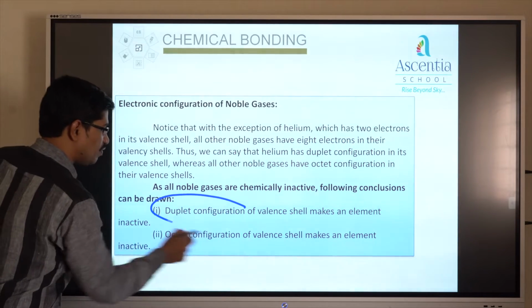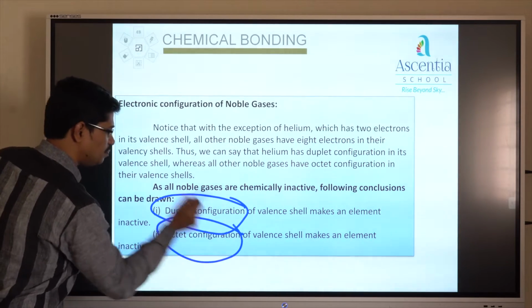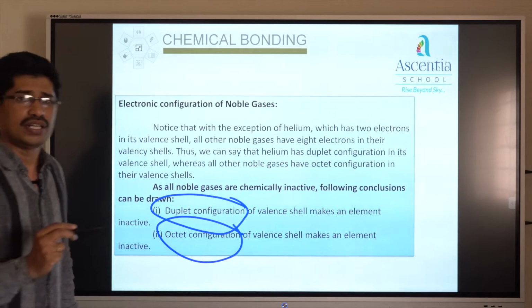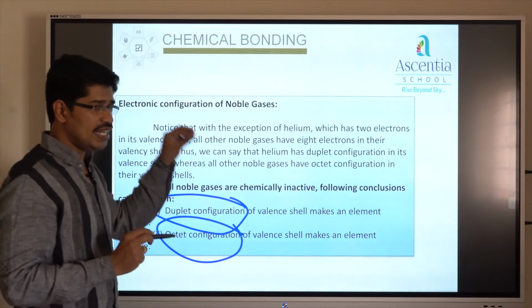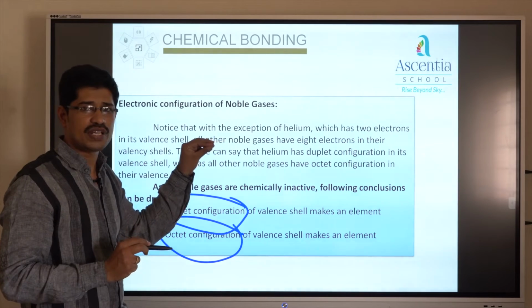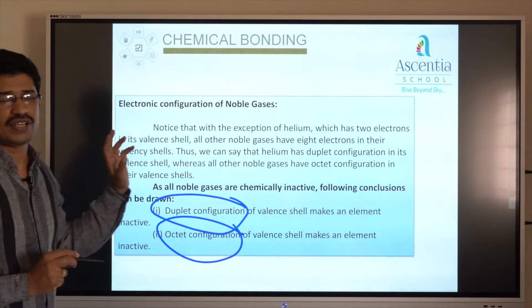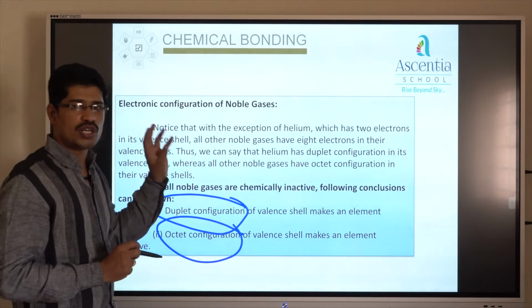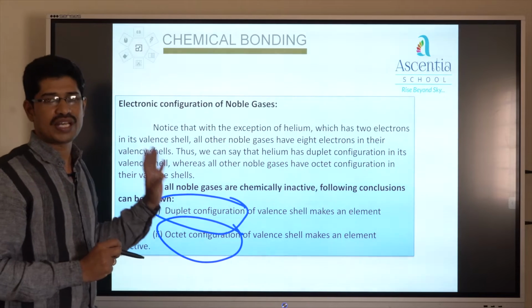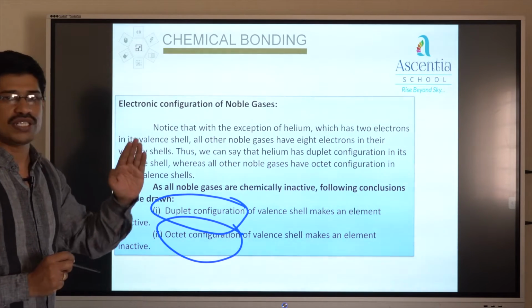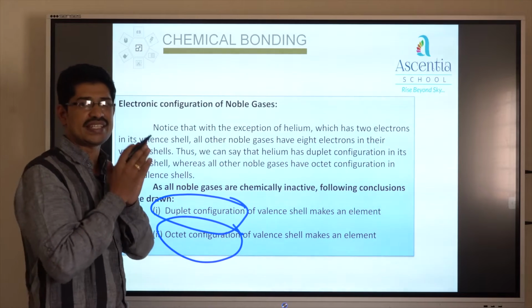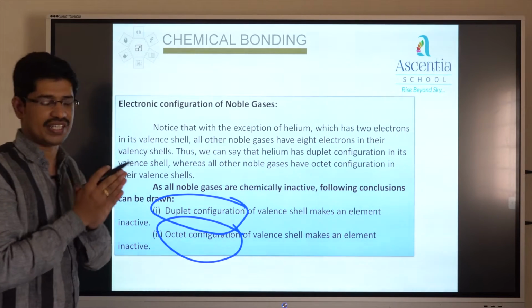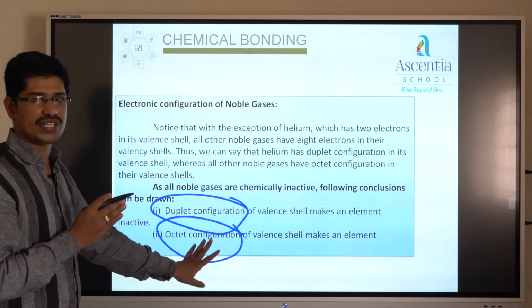The outermost shell electrons are called valency electrons. Neon, argon, krypton, xenon and radon have 8 electrons in the outermost state. That means 8 electrons in the outermost state is considered a stable electronic configuration, which is the octet configuration.